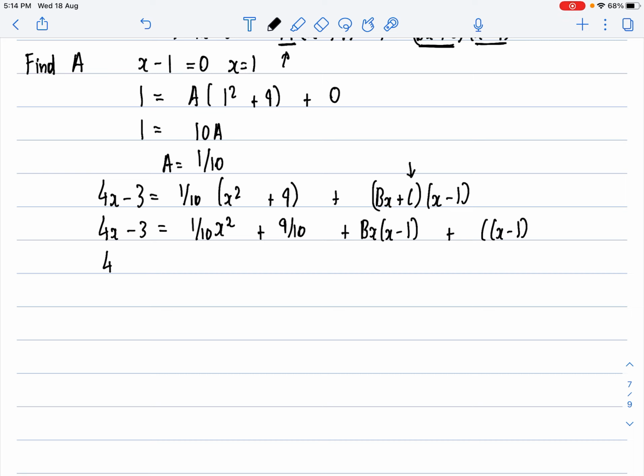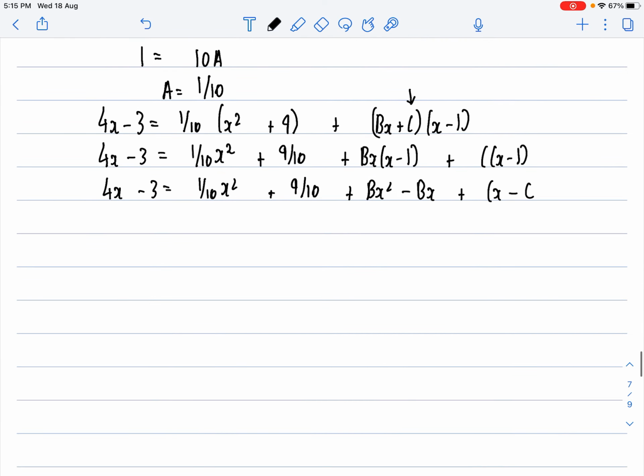So now you can write this as 4x minus 3, which is equal to 1 over 10 x square plus 9 over 10 plus bx square minus bx plus cx minus c. Correct? This is what I basically get.